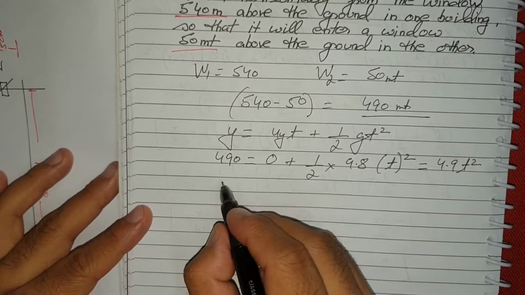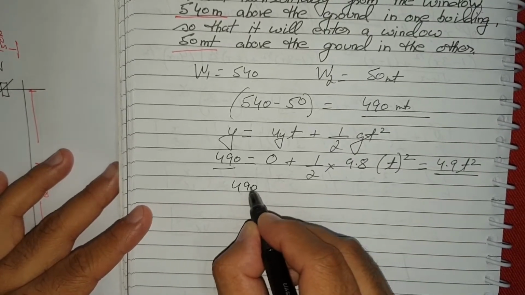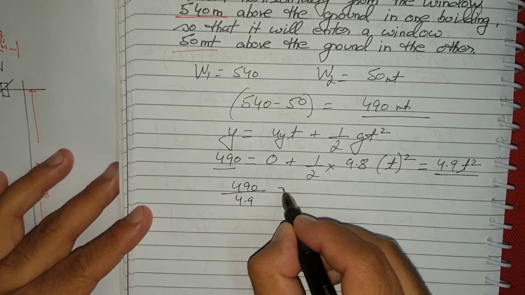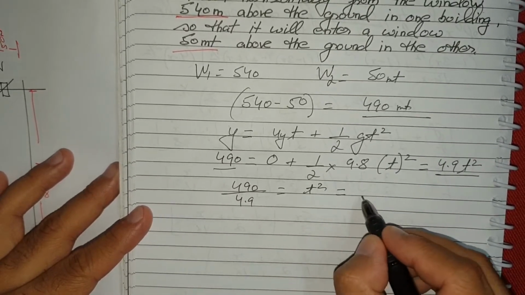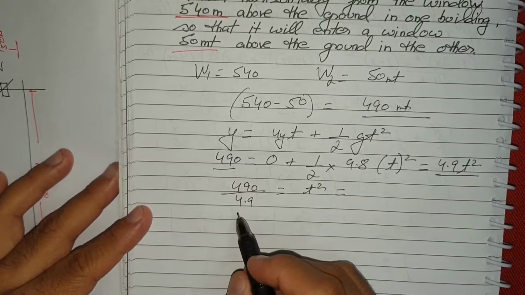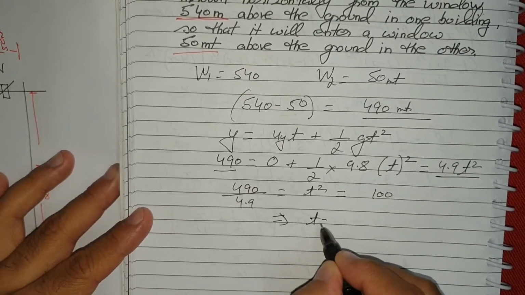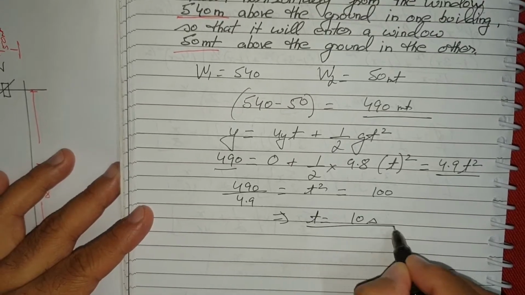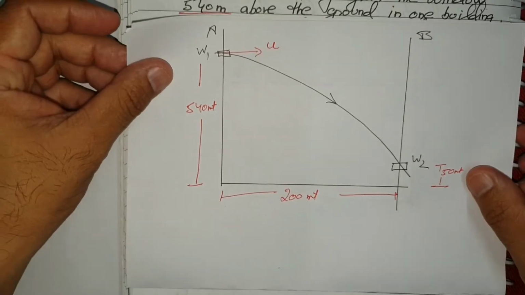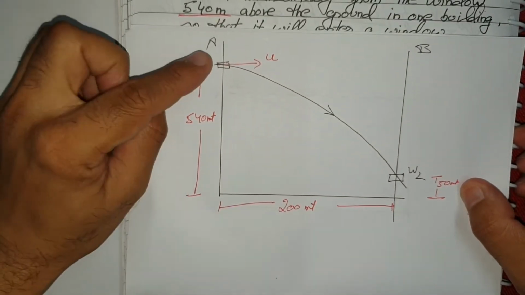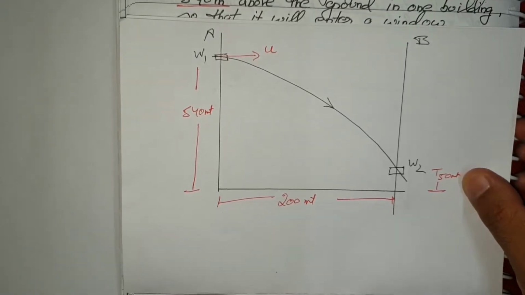So 490 upon 4.9 equals t square, which is 100. So t is 10 seconds. So the ball takes 10 seconds to reach from W1 to W2.